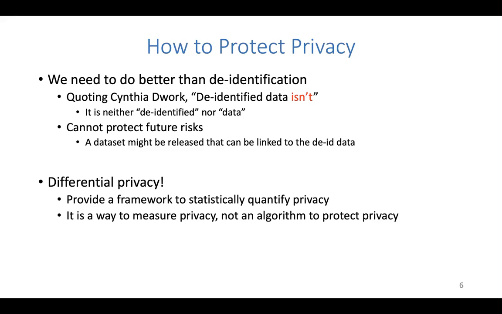The taxi company in New York released a data set which contained anonymized information about some random person taking a cab from position A to position B, and you don't know which person took the ride, but someone else came along with internet photos of celebrities taking a taxi, and then they were able to re-identify which taxi cab ride was made by which celebrity. And actually they were able to identify a specific individual.